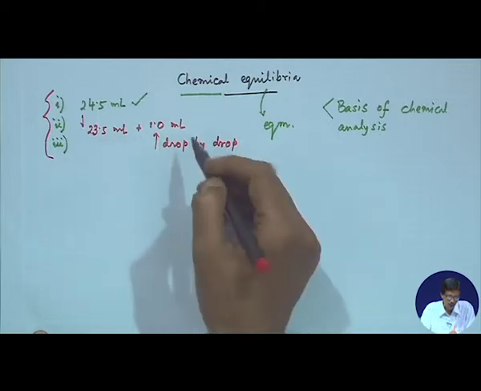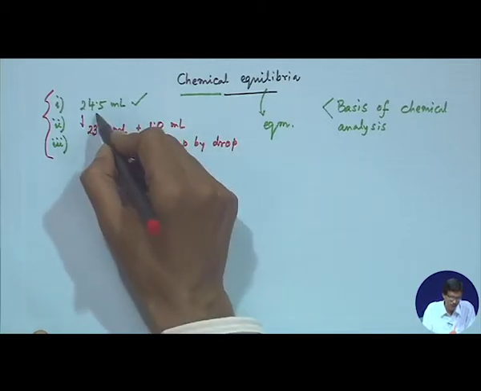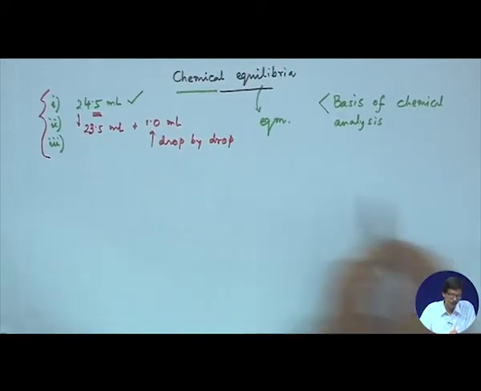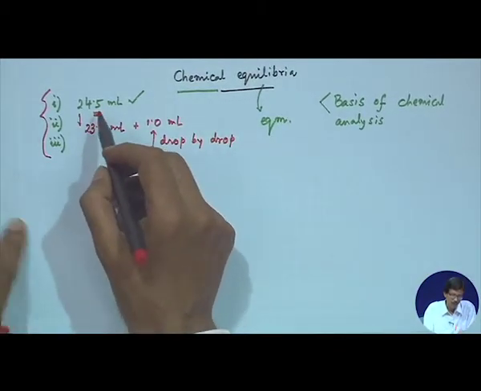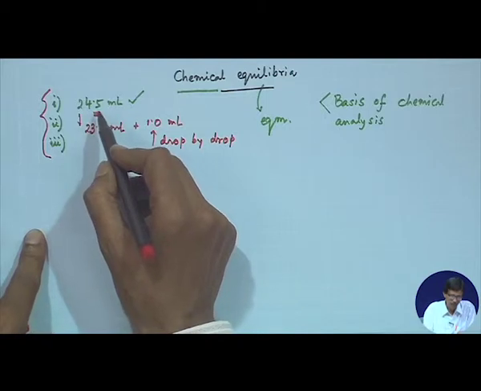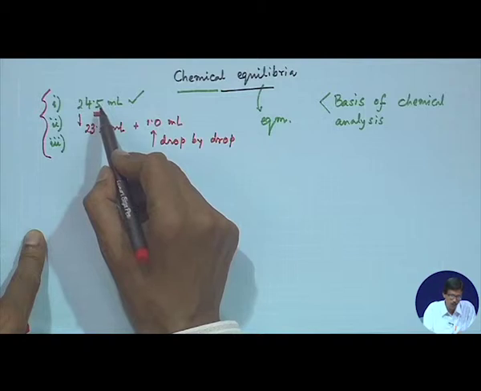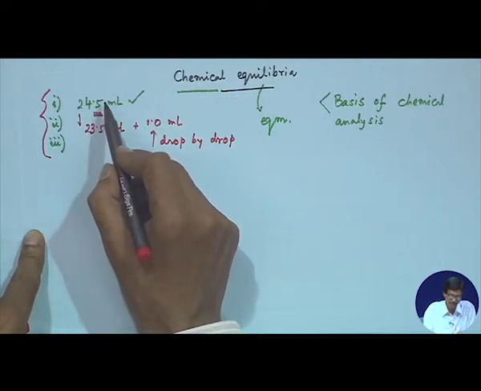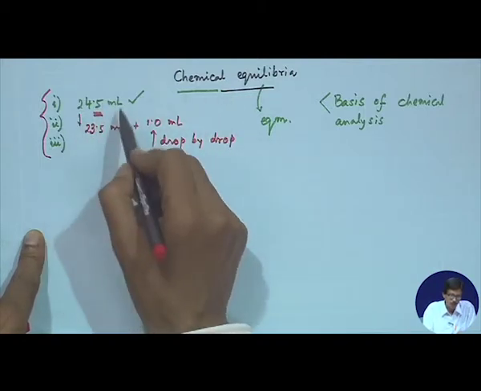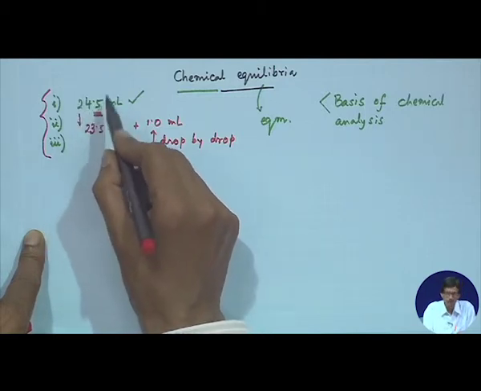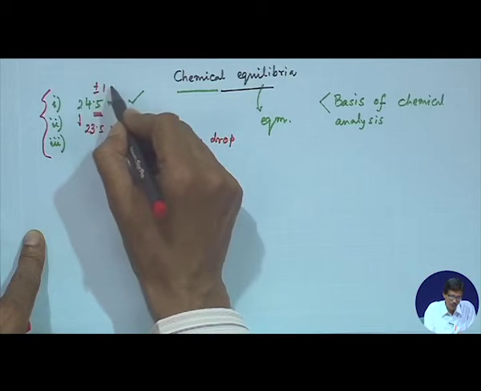What it means is that we should be very careful whether this 24.5 milliliter first volume is accurate. If it is not, the second end point might come at 24.4 or 24.6. So, we should precisely know whether the value is exactly 24.5 or plus minus 1 ml.